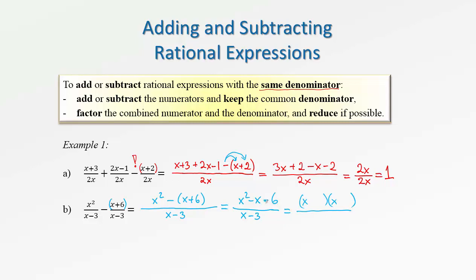Now the product 6, difference 1, it must be 3 and 2. 2 times 3 is 6, and since after adding these two numbers we should end up with negative 1, the negative will be by 3 and positive by 2. The larger number takes the middle sign. Okay, let's copy the denominator, and yes, we can actually reduce the factor x minus 3. Let's do it. So the final answer is just x plus 2. Okay, so that wasn't too difficult, was it?